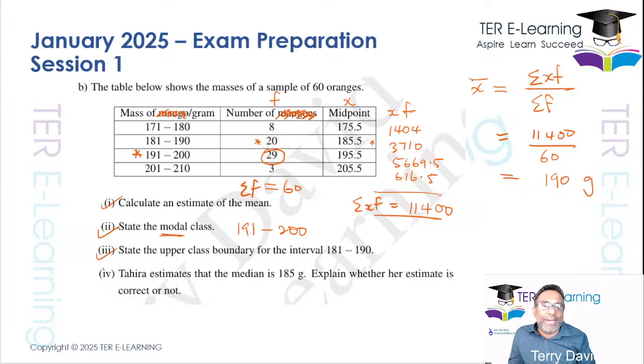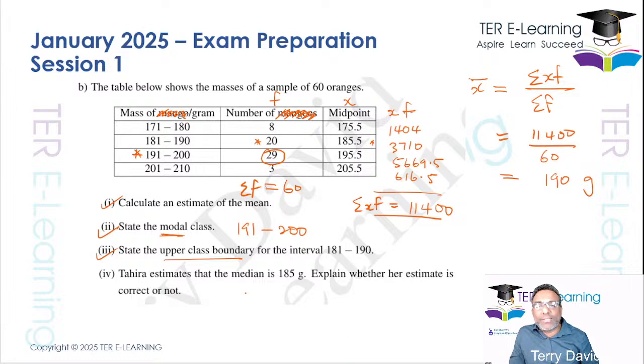State the upper class boundary for the interval 181 to 190. Could you all write down for me, what's the upper class boundary for the interval 181 to 190? Let me see what you all think. All right, people are saying 190.5.